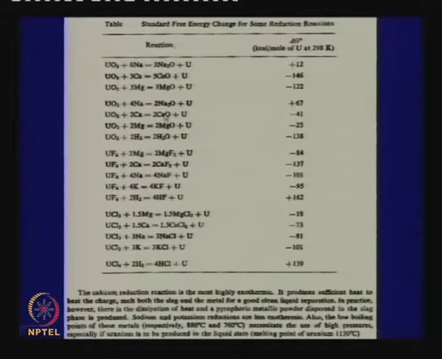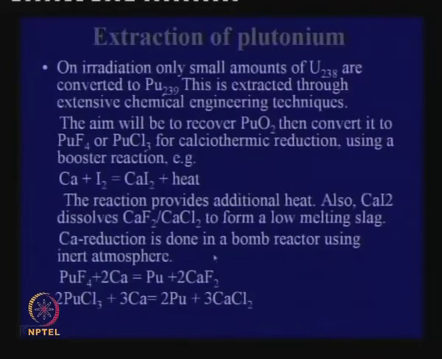I mentioned that when a reaction is not feasible, we can drive it to the right by either dissolving the metal in the form of an alloy or taking out the salt that is being produced in solution in a flux. There are applications of this in different cases, I will come to that, and when there is not enough heat available, we use something called a booster reaction.